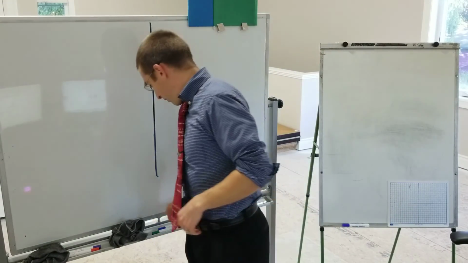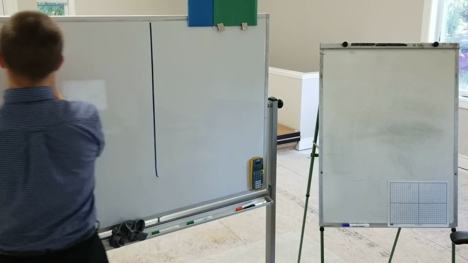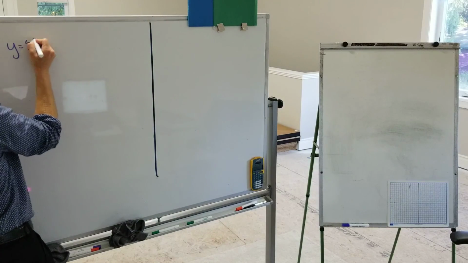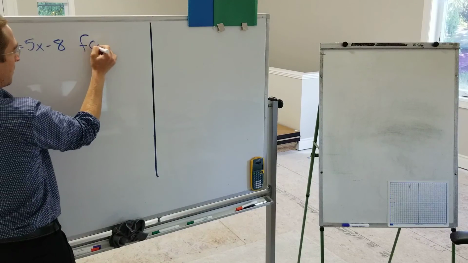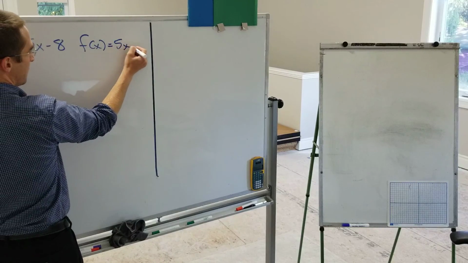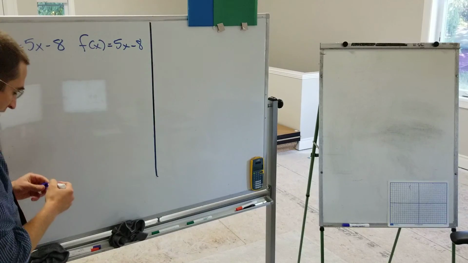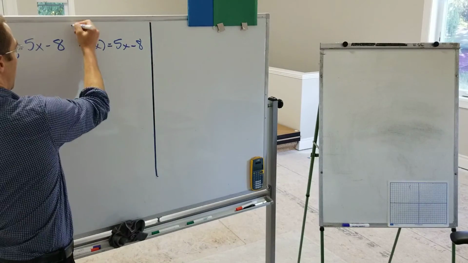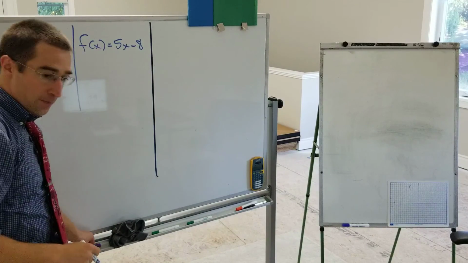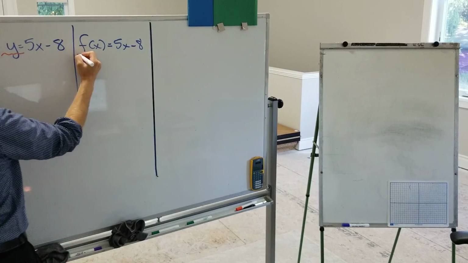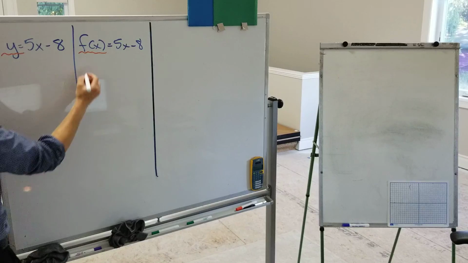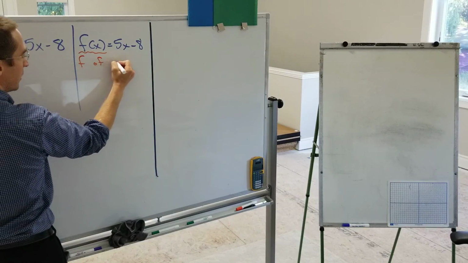Let's say we have y equals 5x minus 8. And let's say we have f of x equals 5x minus 8. The only difference here between these is here we have a y, and here we have an f of x. This is read f of x.